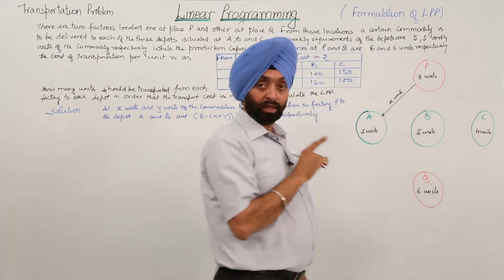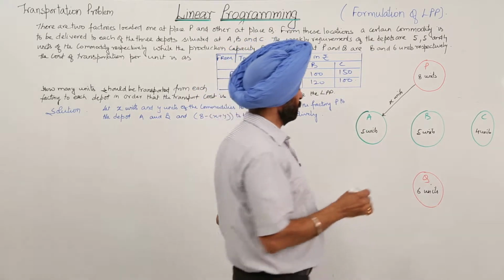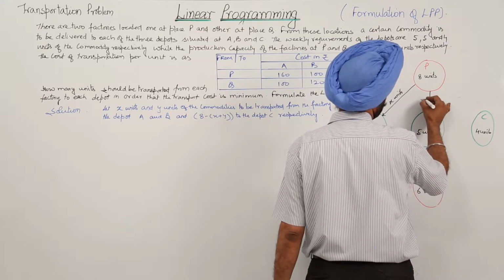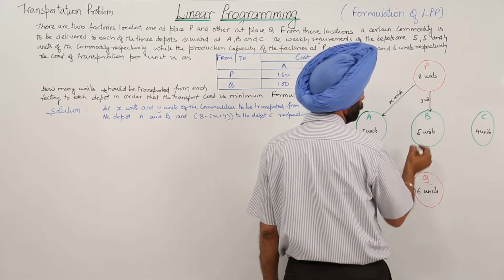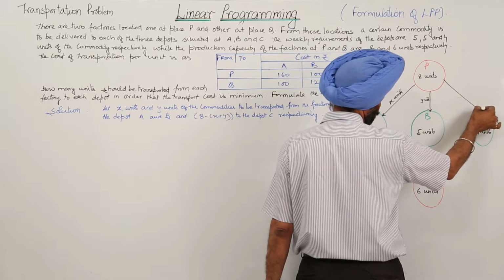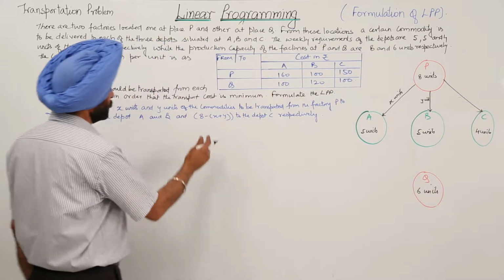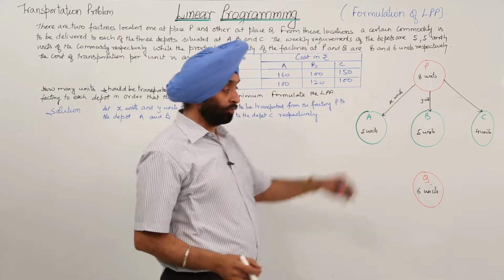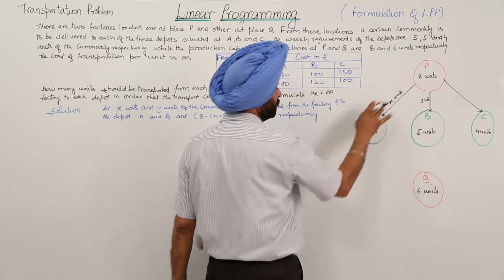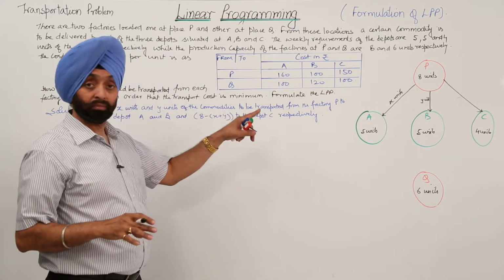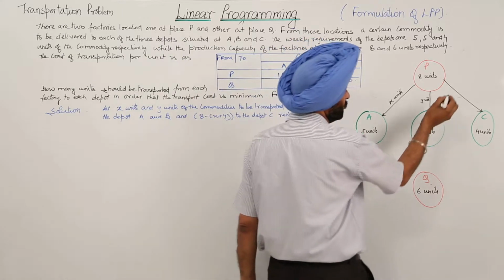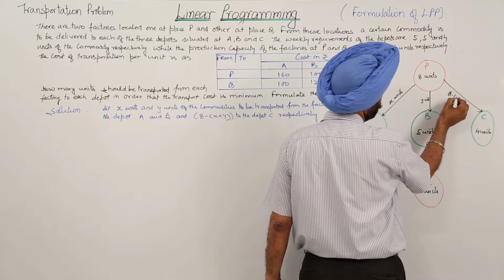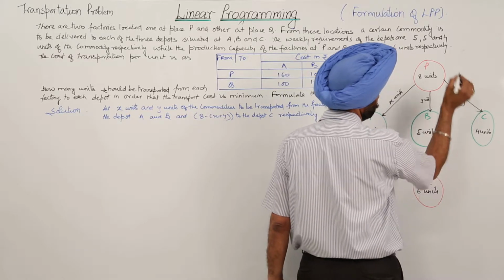From 8, X units are given to A, Y units to B, and this is what I have written, 8 minus X plus Y, because X plus Y is already given to A and B, and from 8 we are left with that.